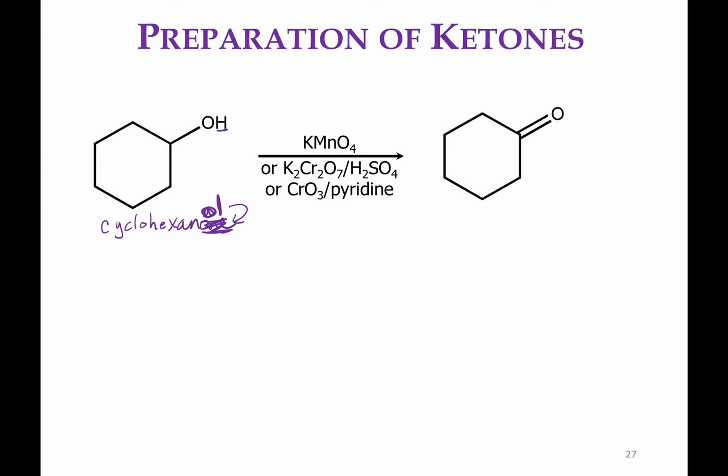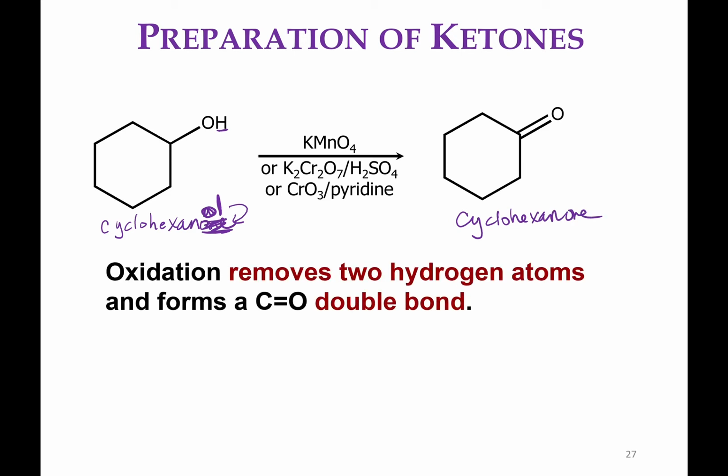So this is going to be our product here. We get cyclohexanone. So the oxidation is going to remove 2 hydrogen atoms and form that carbonyl group that we're looking at.